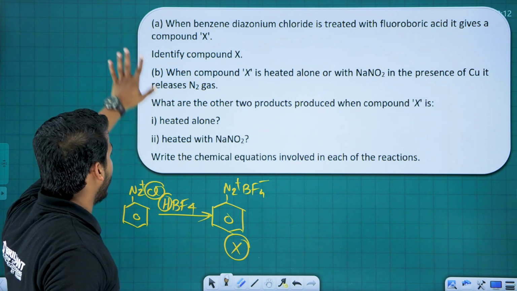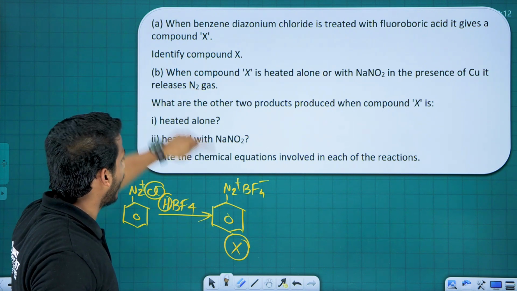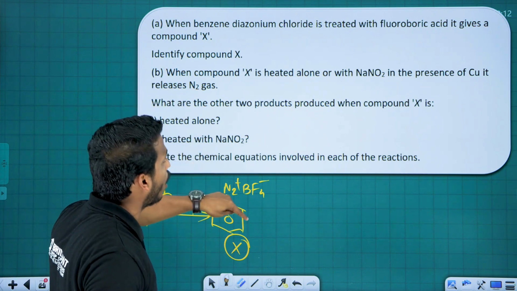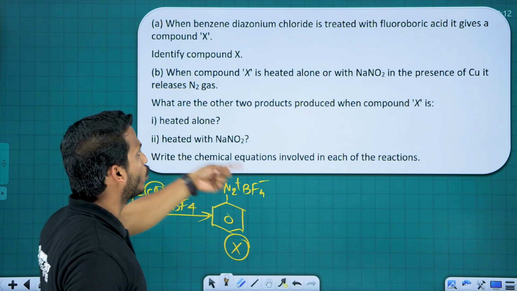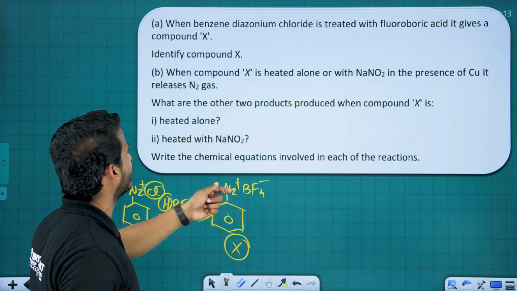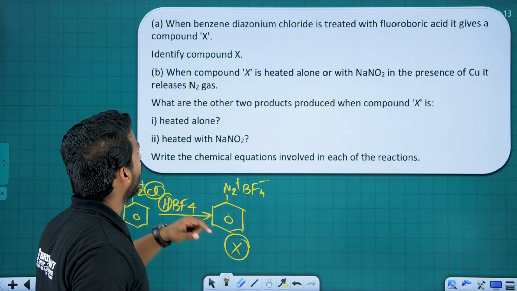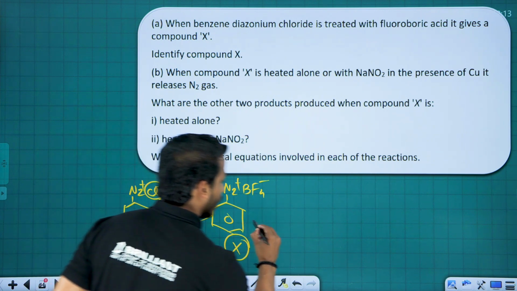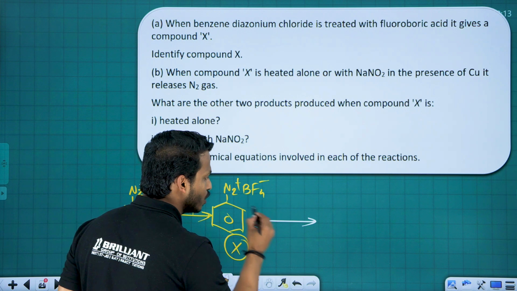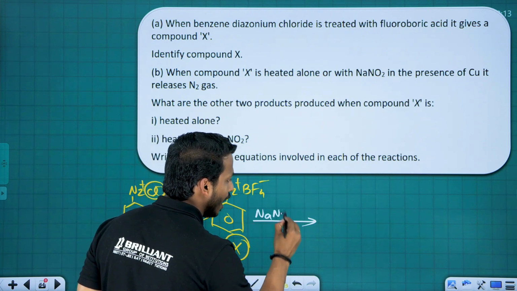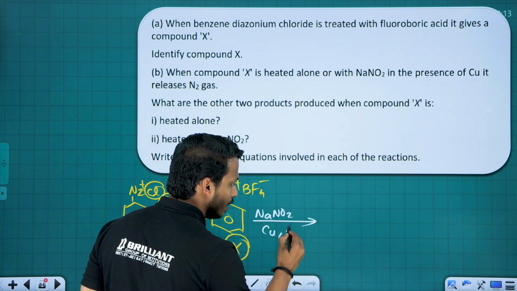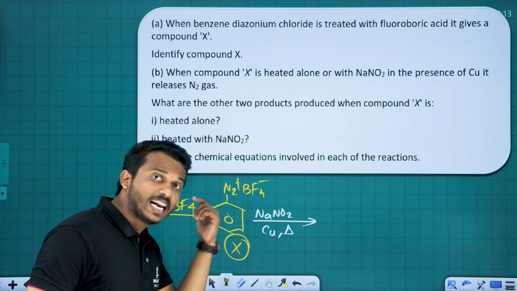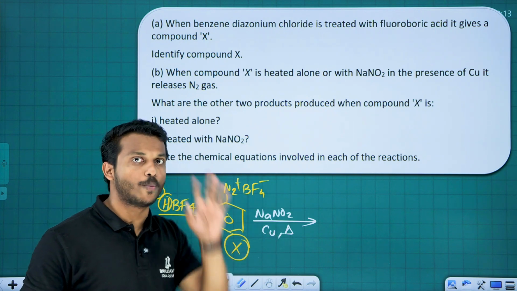When question A is over, what is B? When compound X is heated alone or with NaNO2 in the presence of copper, it releases N2 gas. What are the other two products formed? If you directly heat this compound, you will get fluorobenzene.